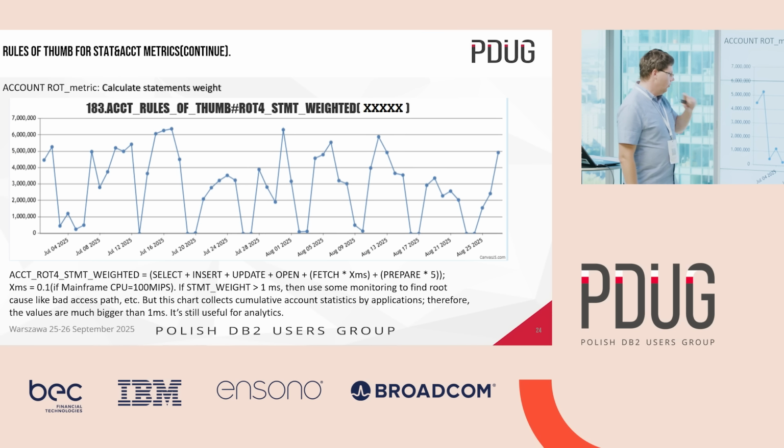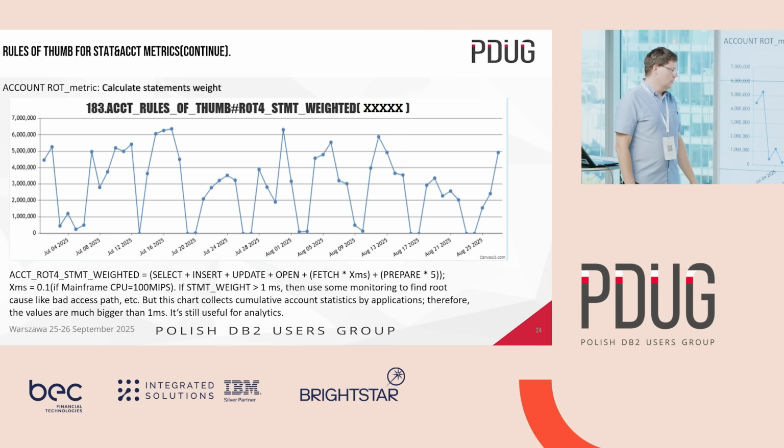If a statement waits more than 1 millisecond, then use some monitoring to find the cause, like a bad access path. But in this chart we could see bigger values than 1 millisecond, because this chart collects cumulative accounting statistics by application.